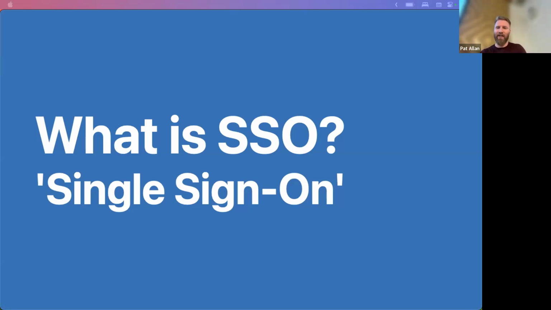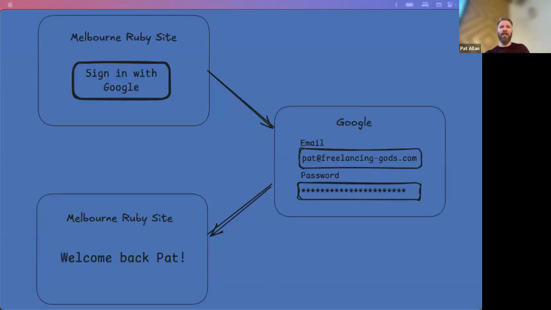So I'm going to start with the most pressing term, SSO. SSO stands for single sign-on, which is the process of delegating authentication to a third-party service. And I suspect, even if we don't know the term, we've come across this process at some point online. It's quite common. You're viewing a website, you need to sign in, and it gives you the option of authenticating via Google or GitHub or Facebook or once upon a time Twitter.